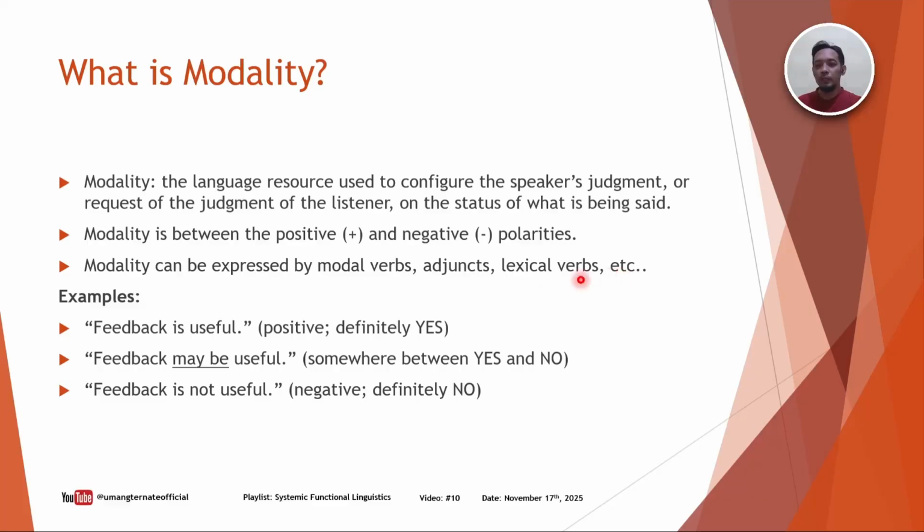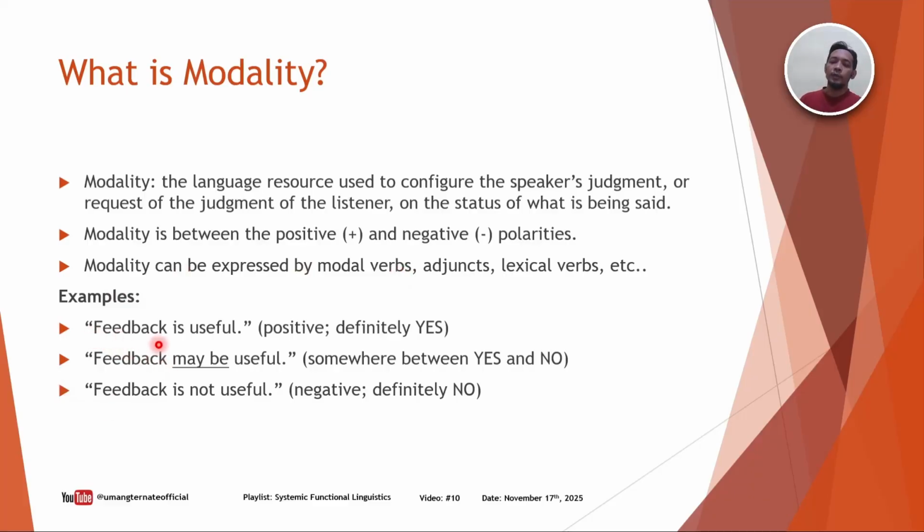Modality can also be expressed in terms of a projective clause. If you still remember our discussion about the rank scale, especially when we talk about the clause complex. Okay, let's take a look at these examples.